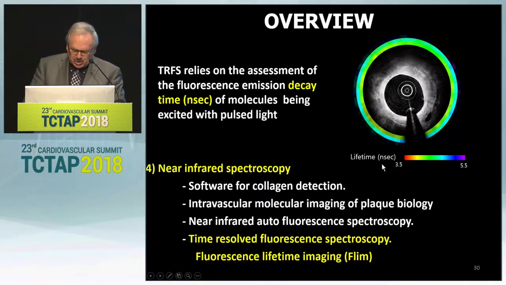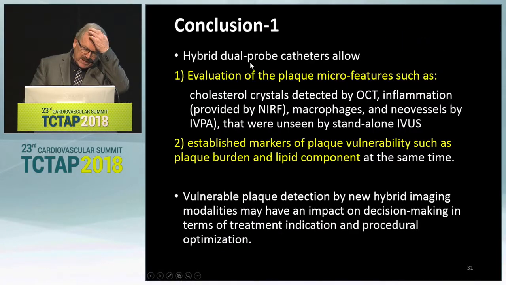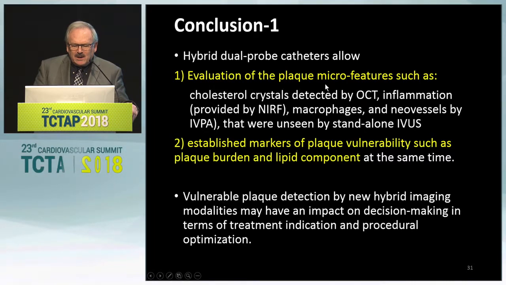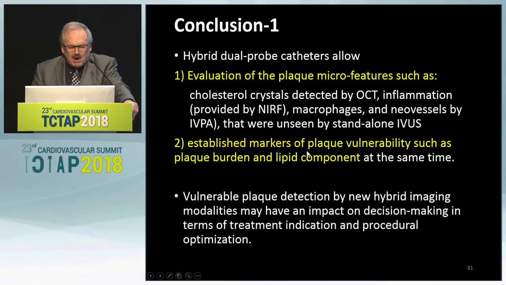So the question that I have in conclusion is that, from a practical point of view for you, hybrid dual probe catheter allows the evaluation of plaque microfeatures such as cholesterol crystal, detected by OCT, inflammation, macrophage, neovessel that were unseen by standalone IVUS. Established markers of plaque vulnerability such as plaque burden and lipid component are detected at the same time.